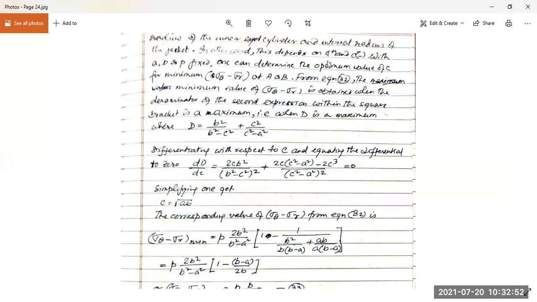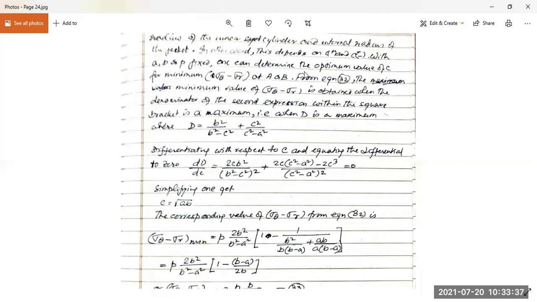In other words, it depends on C plus and C minus itself, with A, B, and P fixed, where A, B, and P are fixed.